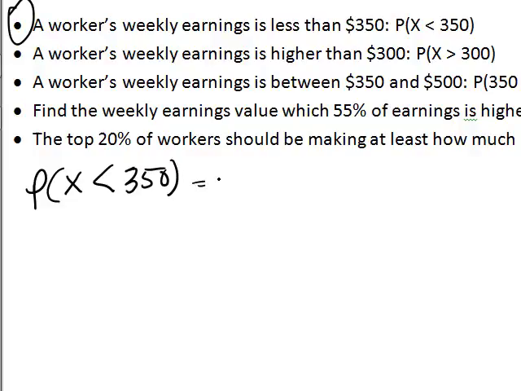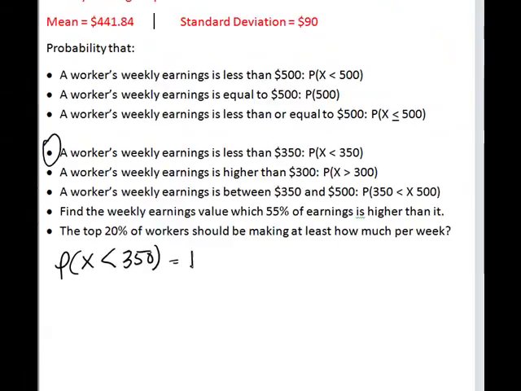Just as a review from the first video, remember that the probability of X being less than 350 or X being less than or equal to 350 are equal to each other. And that's because the probability of X being exactly 350 is equal to 0.